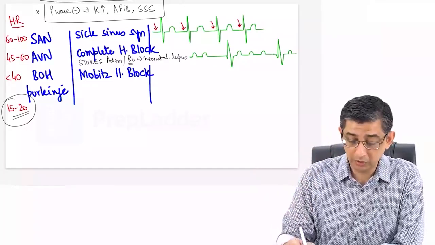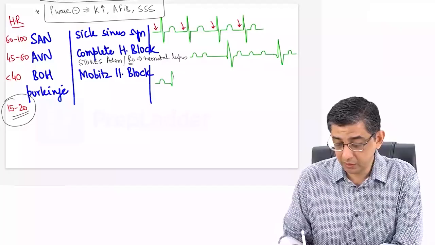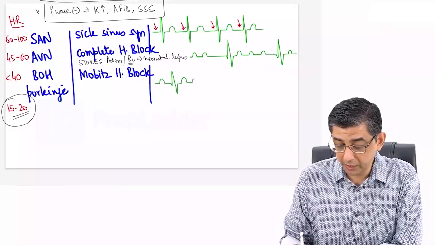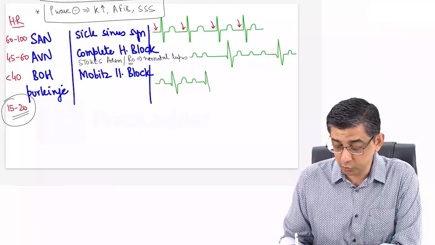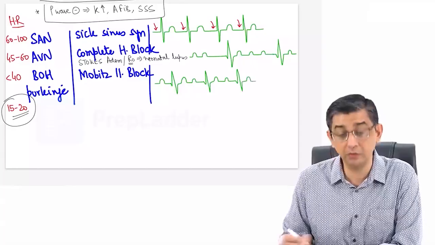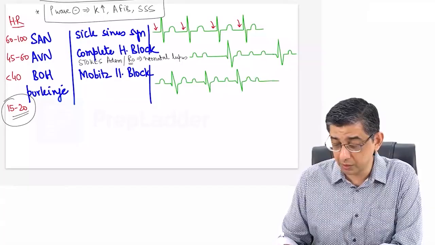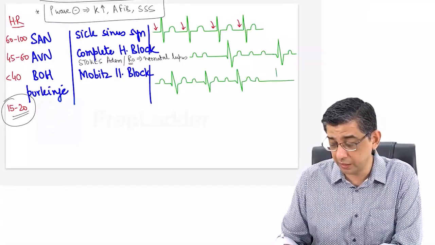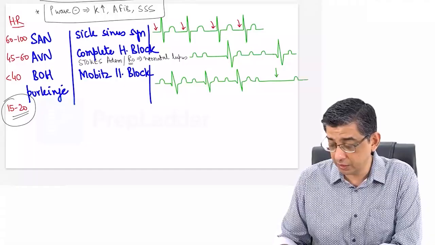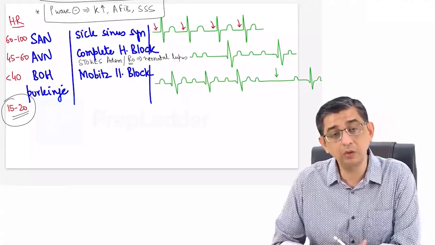In Mobitz 2 heart block, let us now redraw the ECG, how it's going to evolve. You will be noticing a normal PR interval. At the moment, everything is perfect. I mean, that's the usual query of most students, sir, if everything is normal with respect to PR interval, then what is the problem? The problem is that there's going to be a huge period where there was no ventricular activity, and if you do not have any ventricular activity for a substantially long duration, then obviously the person will develop syncope.